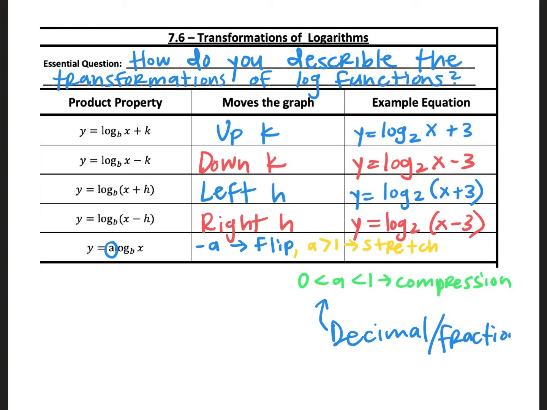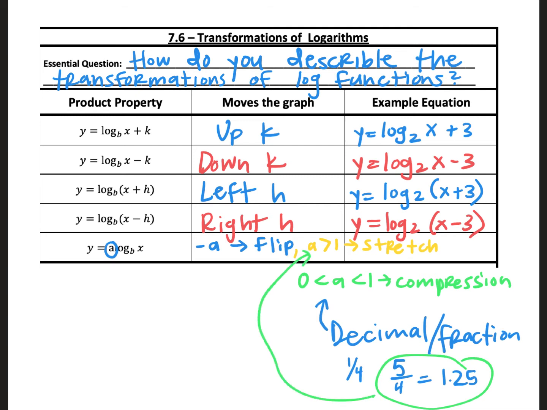Again, that decimal or fraction has to be smaller than 1. So we're talking like 1/4. That one would be a compression. Now, if you had 5/4, technically that's 1.25. So that would bring you back up to this category where a is bigger than 1. So again, we're talking about decimals and fractions in between 0 and 1 for that compression.